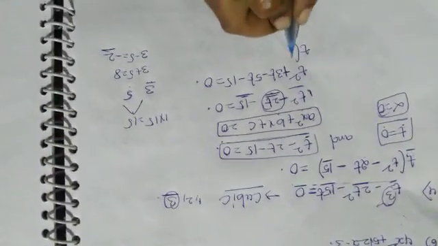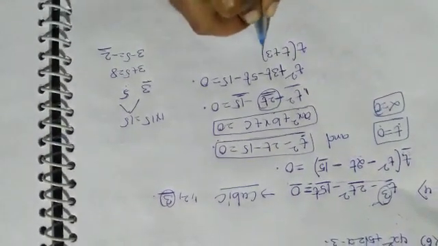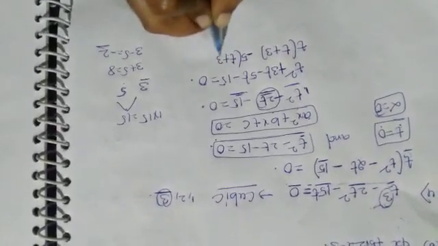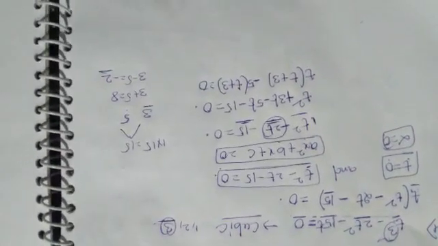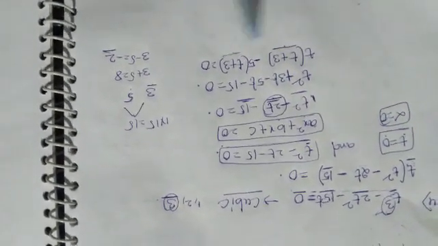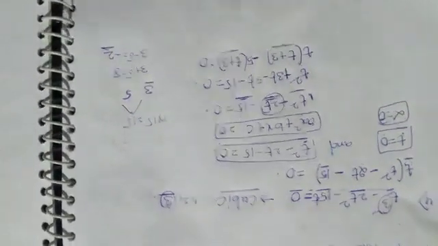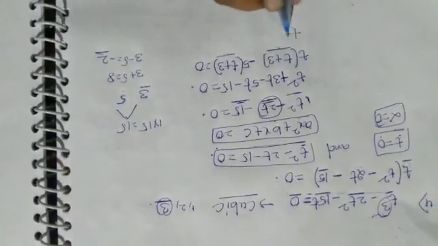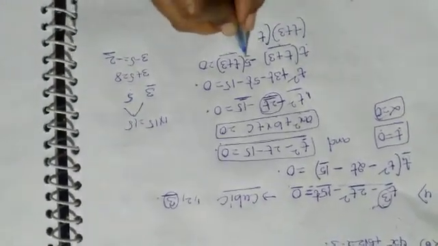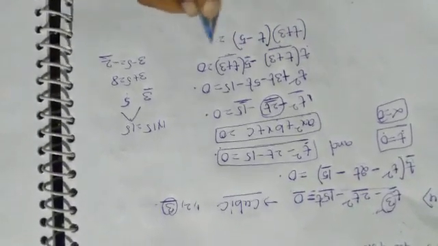Here t is common: t plus 3. Here minus 5 is common: t plus 3 equal to 0. So in brackets both are same, t plus 3 and t plus 3. Here t plus 3 is common. First term we have t, second term minus 5 equal to 0.